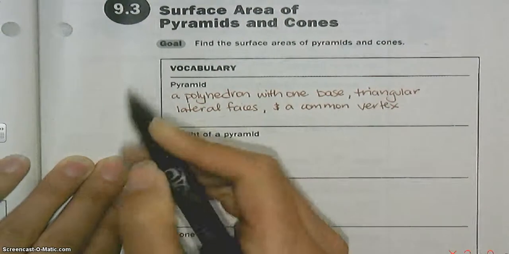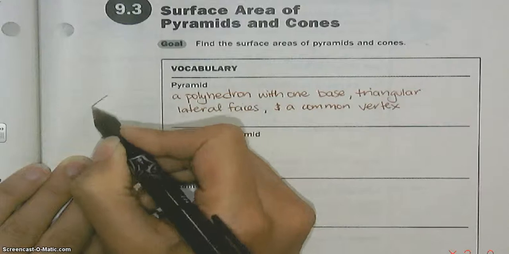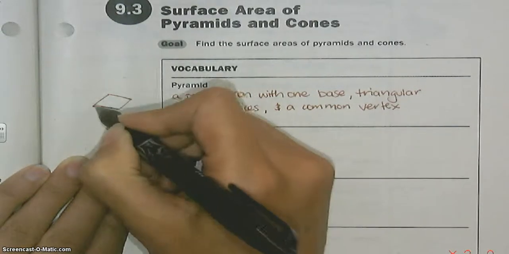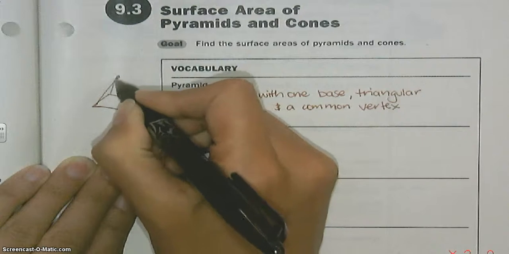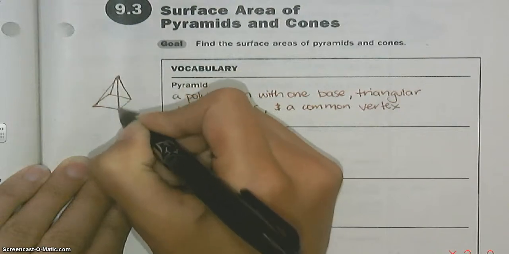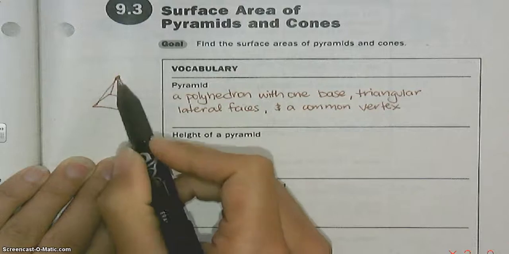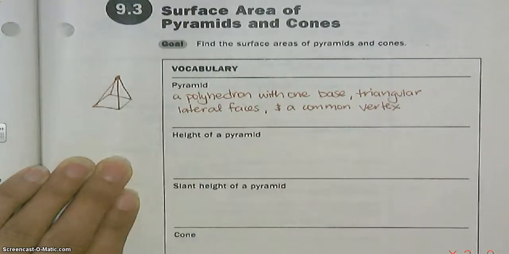So I'll draw a square pyramid for you. So here's your base, right? One base, and they all come up to a common vertex. There's the common vertex right there. And notice all of these lateral faces are triangles.